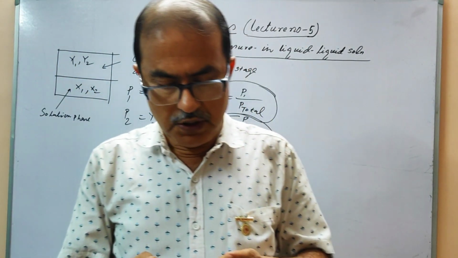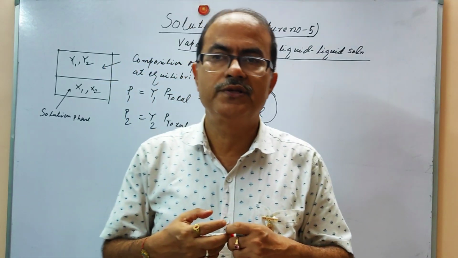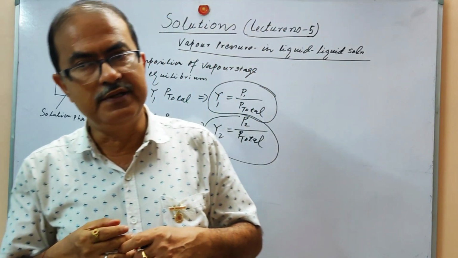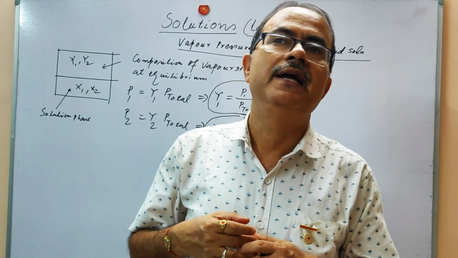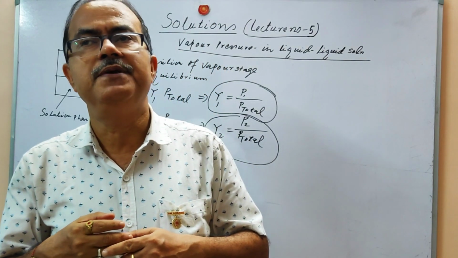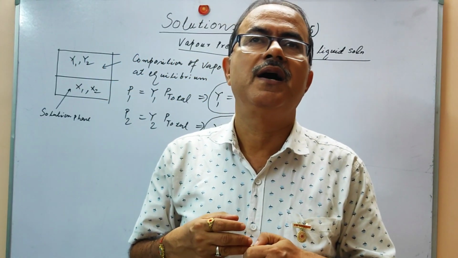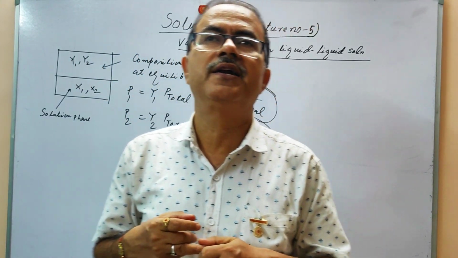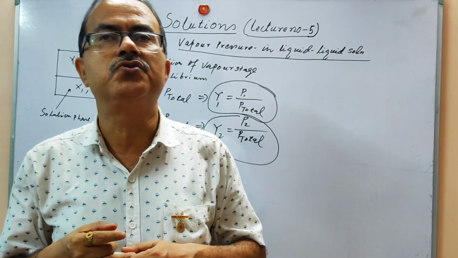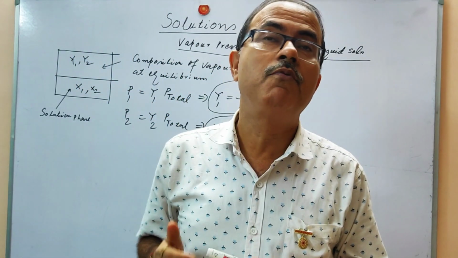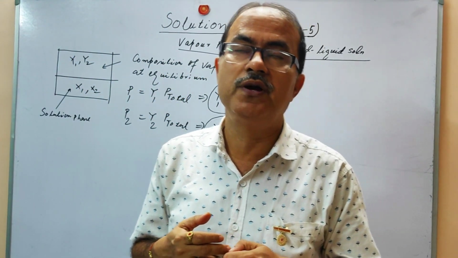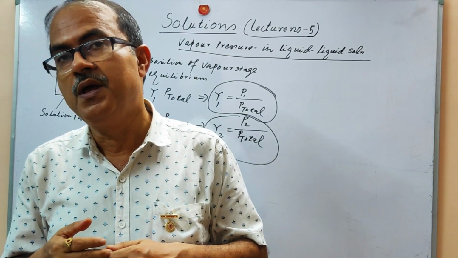So that is all for today's lecture. In this lecture, we have discussed a very important thing, the partial pressure of the components in liquid in liquid solutions, where both the components are volatile, and we understood Raoult's law.